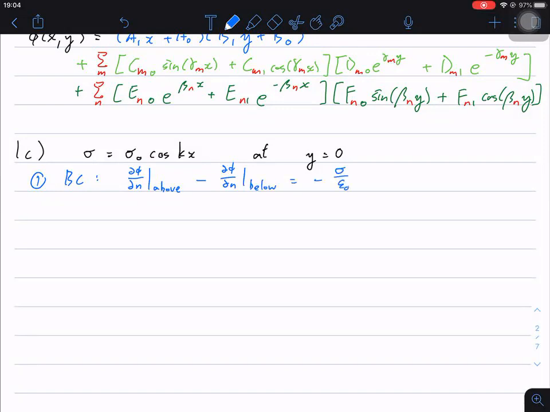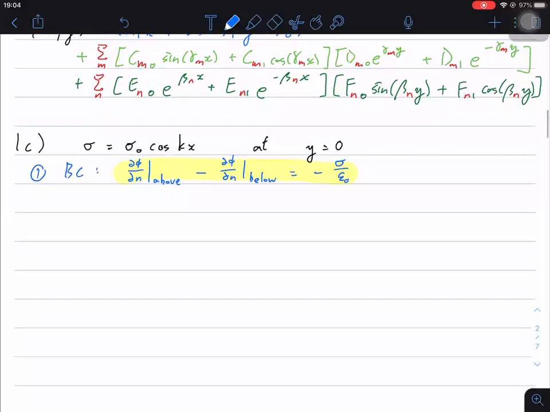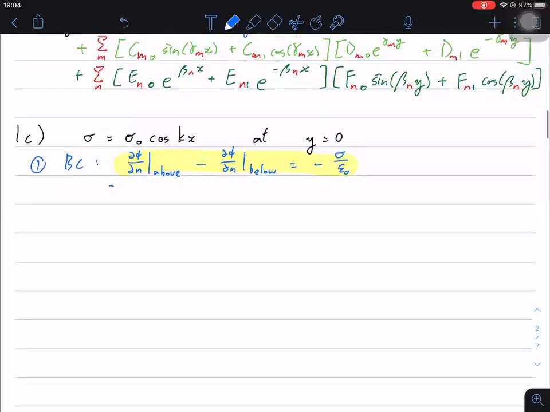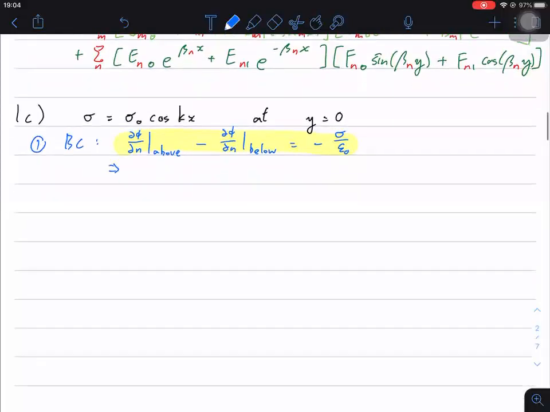So that's the first boundary condition. You should all remember, basically it's just the E field above minus the E field below being proportional to the surface charge density. And in our case, the direction normal to the plane is the y-axis.